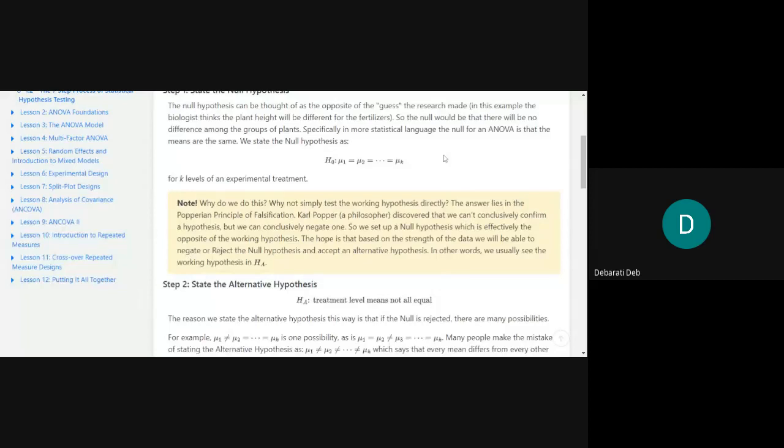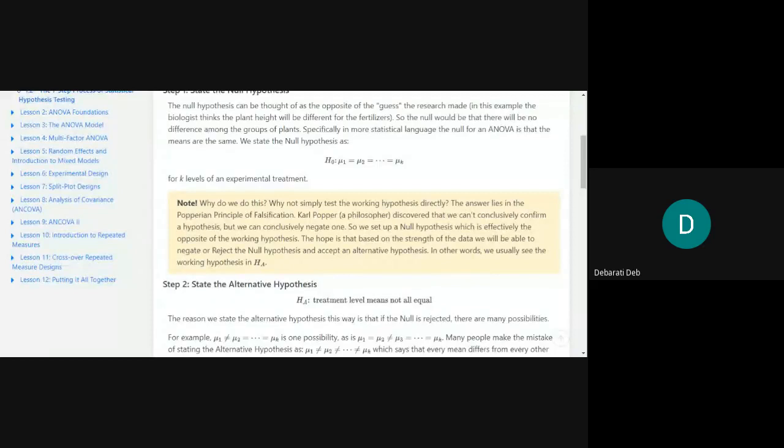If there are k number of groups of plants, then you can write mu1 equals mu2 and so on. Mu1 means the mean of the height of the first group of plants. Similarly, if you are collecting data for age groups, your first group data will be the mean of all the ages. It depends on your set of data.